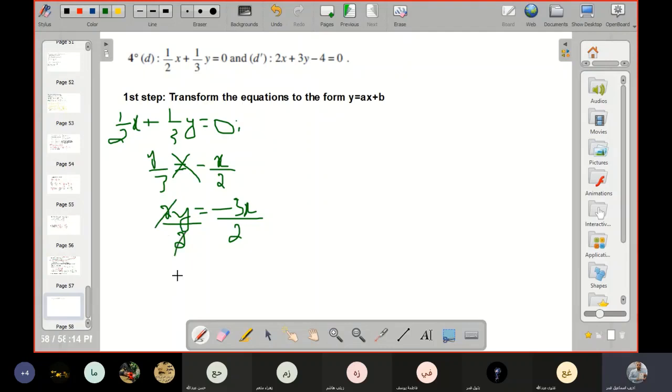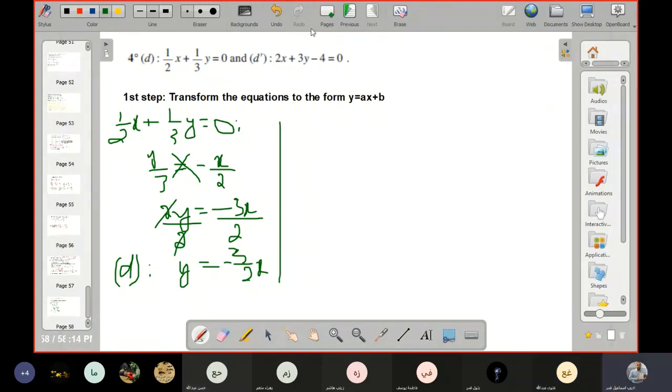Then we get y equal minus 3/2x. This is the equation of line D. Is it clear? Any questions?